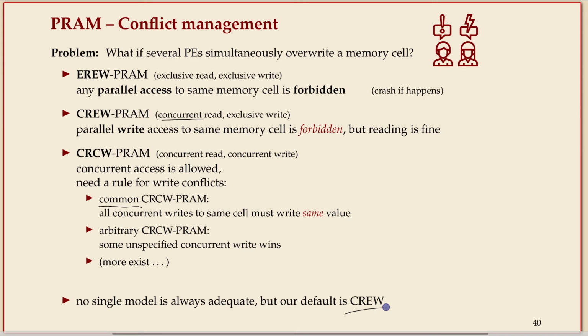So we allow concurrent reads, but we don't allow concurrent writes. That avoids the main bottleneck that PRAM algorithms see in practice, apart from the synchronization. Namely, if several processing elements write to the same location, you get into something in actual machines called cache coherence problems, and then there are cache coherence protocols.